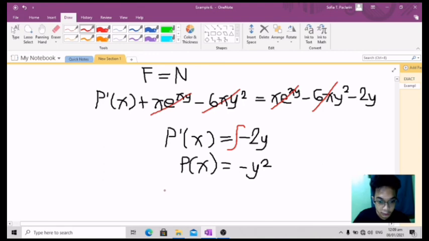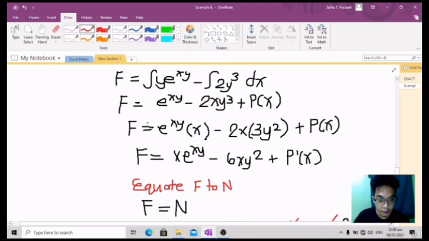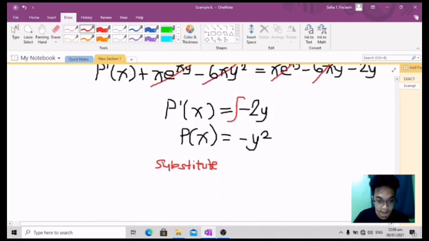After that, we need to substitute the value of p of y into the original solution of f.